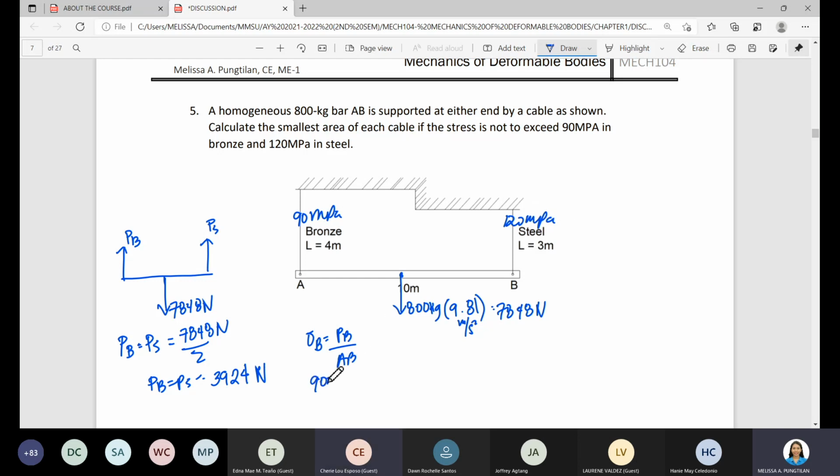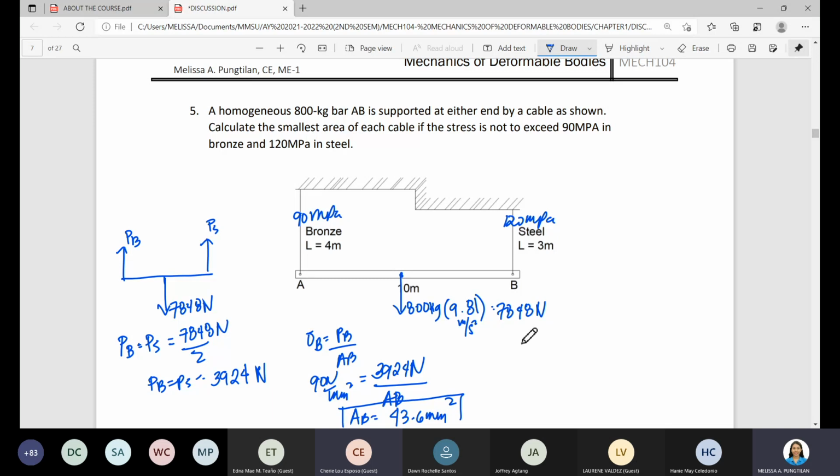So, 90 newtons per square millimeter equal to 3924 Newton all over area B. So, the area ng ating bronze is equal to 43.6 square millimeter. So, ito na yung ating area for the bronze.